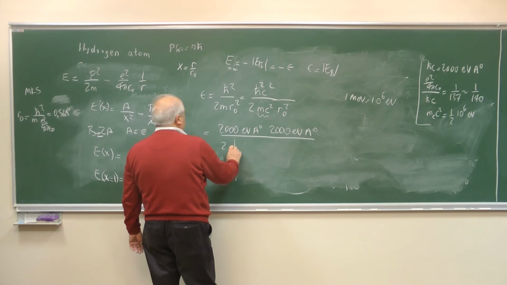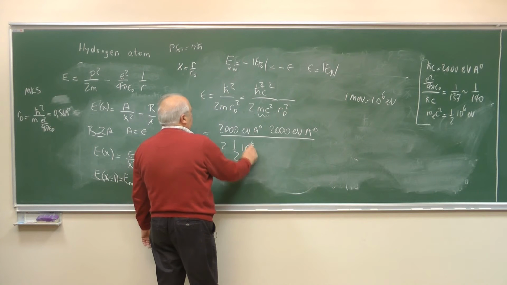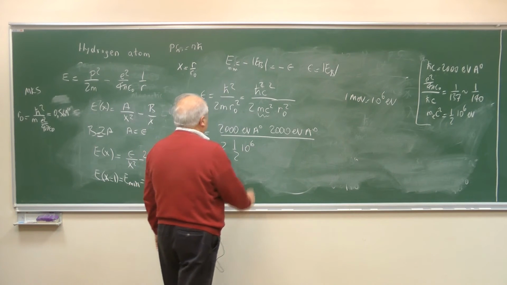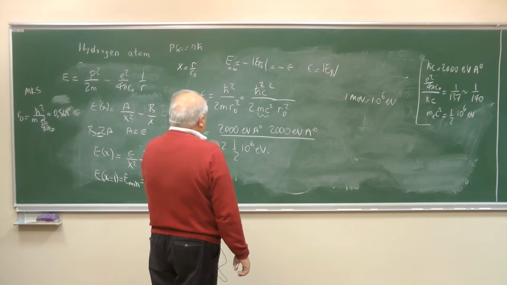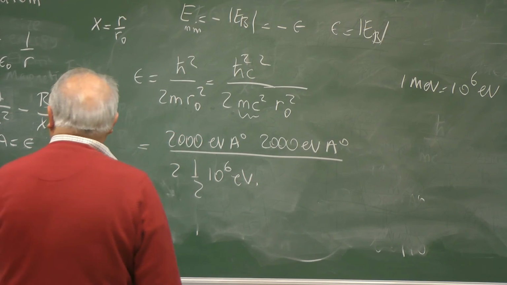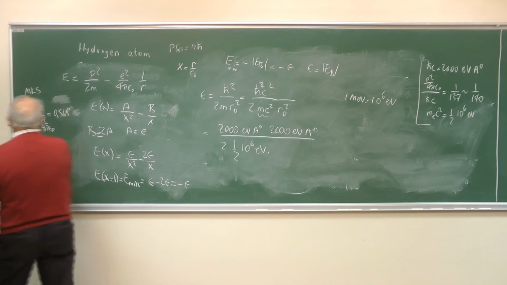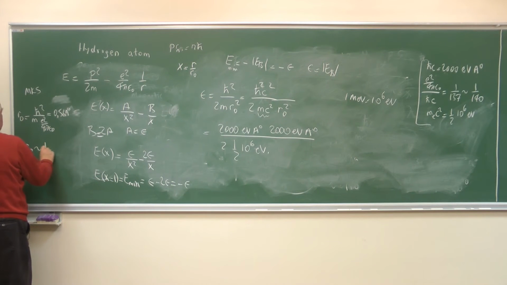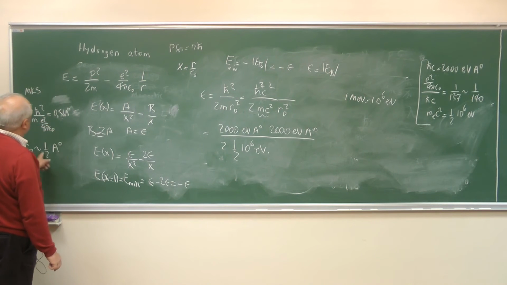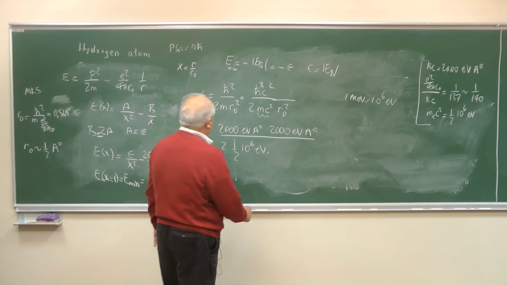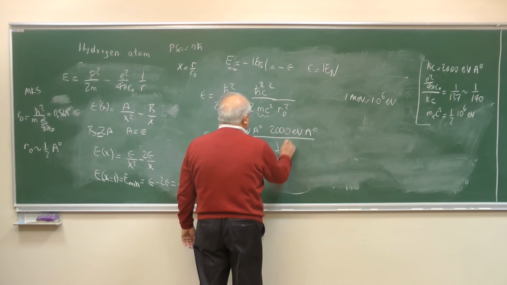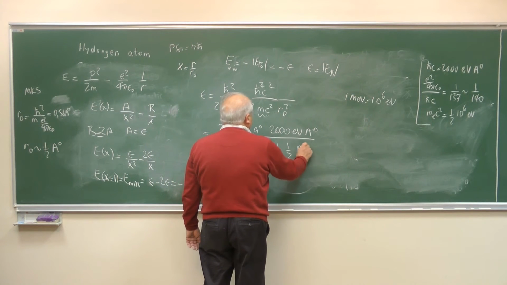So it is 1/2 10 to the 6 electron volts times r0 square. So let us write r0 as 1/2 angstrom. This is 0.56, so this is 0.5. Anyway, we are doing estimation. So it is 1/2 times 1/2 angstrom square.